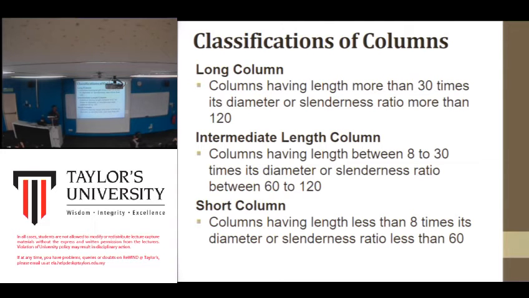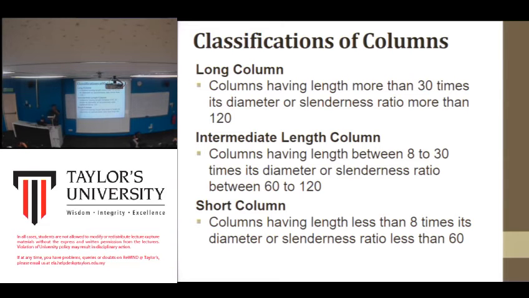Similarly for the other classifications, an intermediate length column has length between 8 to 30 times its diameter, and short columns have length less than 8 times their diameter.